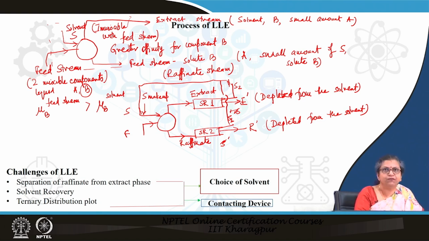As a result, the separation of the extract and raffinate just by gravity is often incomplete, and therefore, this presents a special challenge for liquid-liquid extraction processes, which is not present for other processes involving mass separating agents. Very frequently gravity is not sufficient and we have to use a centrifugal force for separating the extract and the raffinate phase.